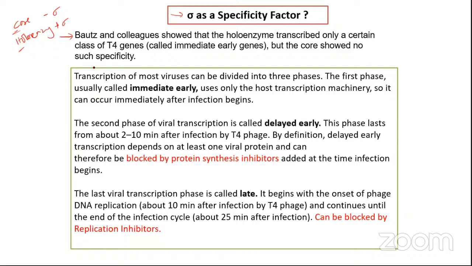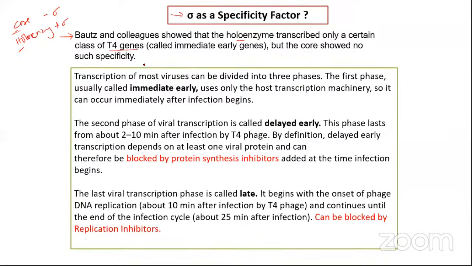Yes, sir. Okay, good. So now, in order to show that perhaps sigma is providing the specificity for transcription, Watts and colleagues initiated a new study wherein they used holoenzyme and performed a transcription reaction of the T4 genes.